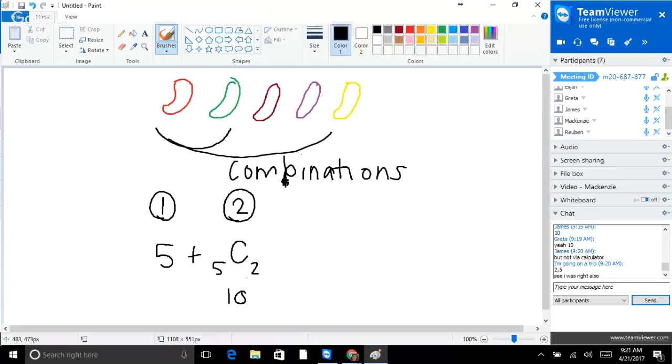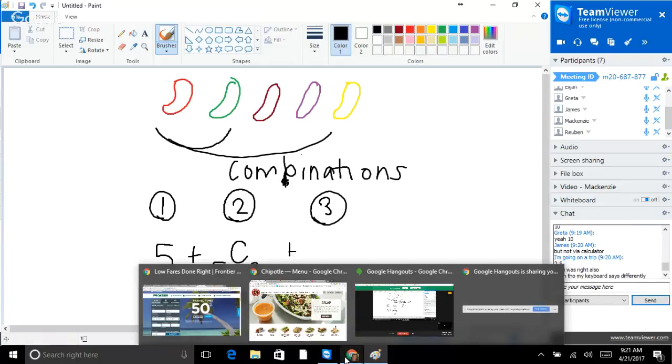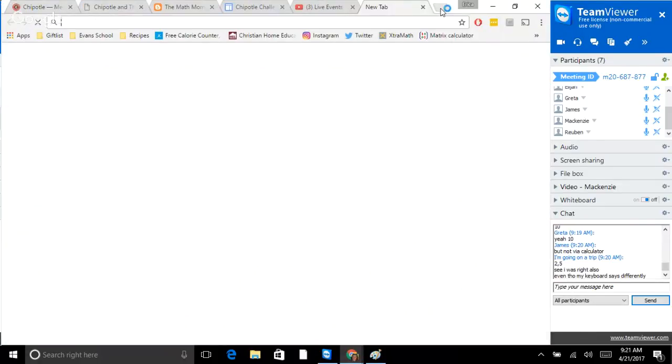All right, so guess what we're going to do next? How many combinations of 3 flavors would that be? Actually, if you pull it up in Desmos, got all kinds of things up here. Desmos, our friend Desmos, right?